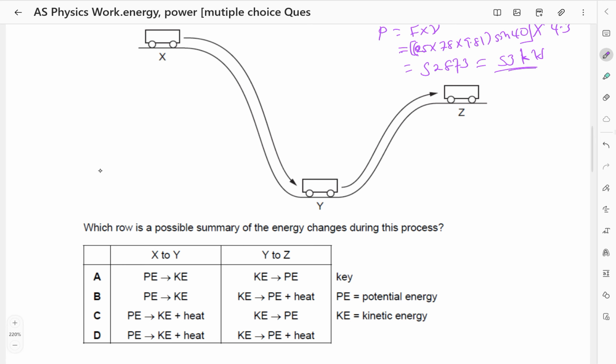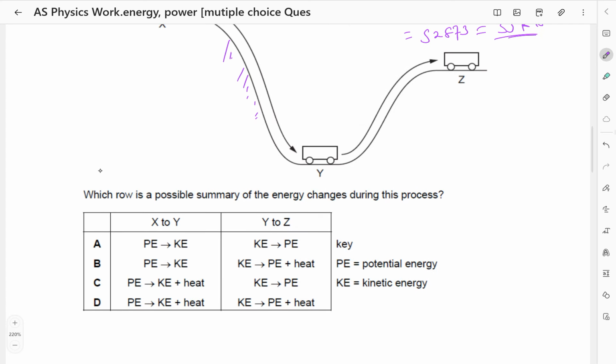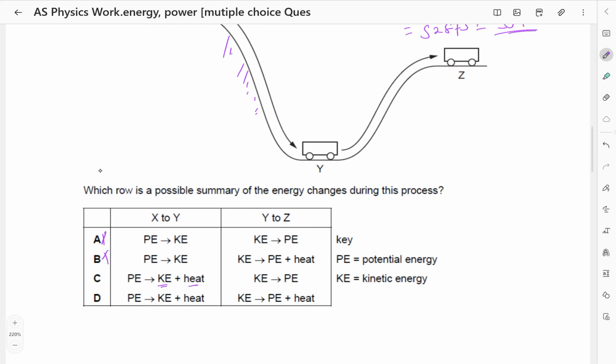And of course, if there is a rough surface here, then there is work done against friction, so we expect heat here. So we are going to choose from C and D because potential energy is becoming kinetic energy plus heat. Why? Because when it moves to Z, it doesn't go back to the same height.